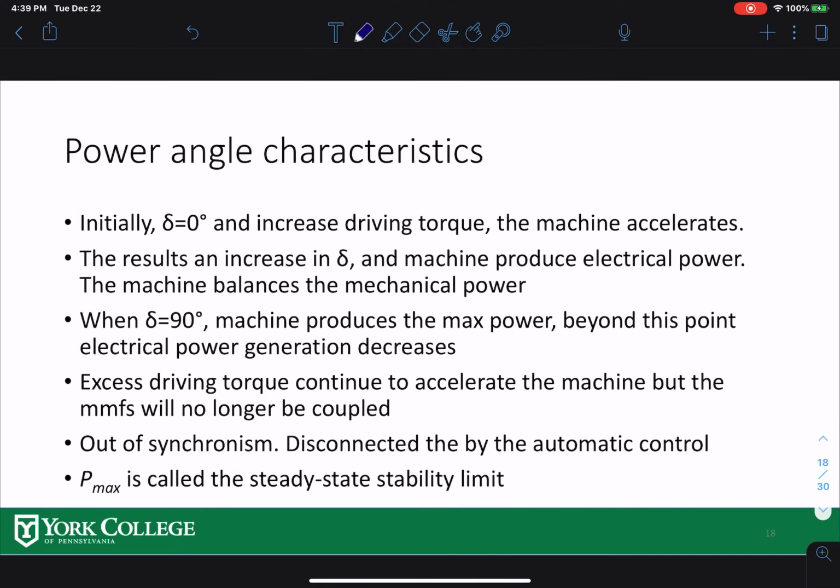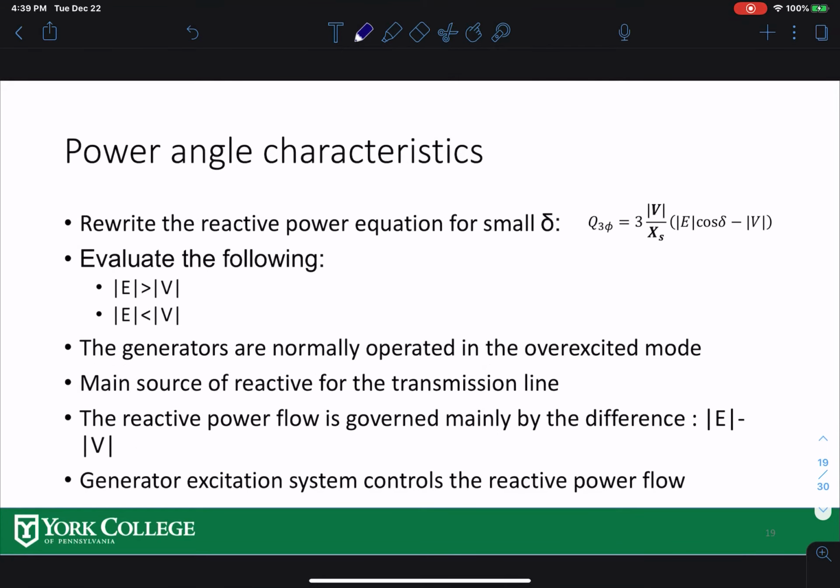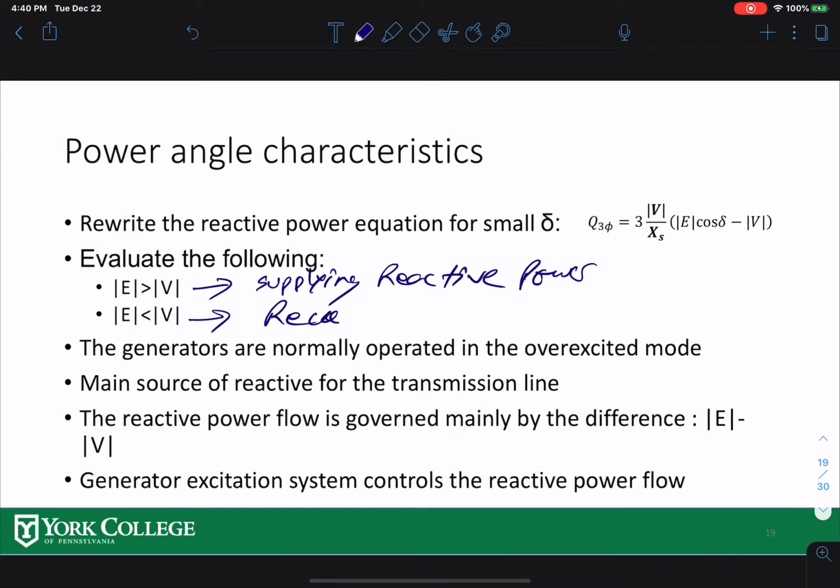So that's what I said earlier. That's what happens with more and more mechanical power coming in, and if delta goes beyond 90, then you cannot stay in synchronization anymore. Again, for this one, your generator is supplying reactive power. And this one is receiving reactive power, as I said.